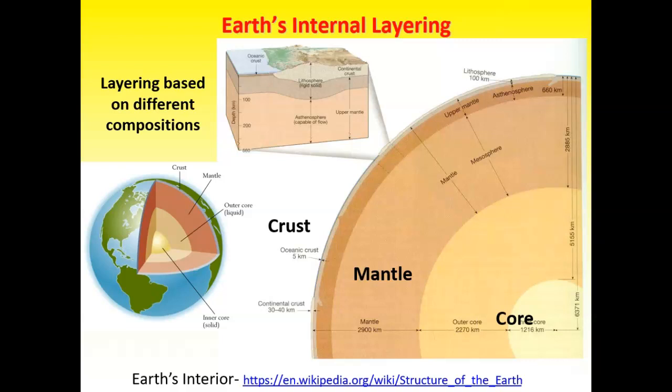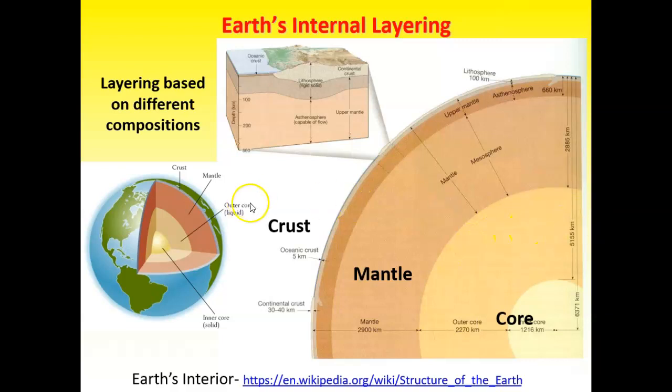Although pressure also increases, the temperature is basically winning out over the pressure increases, and so it remains a liquid. But as we keep going deeper, although the temperature does rise, so does the pressure, and once we get to a certain depth, the pressure wins out over temperature. The inner core is actually solid, even though it's made of very similar components.